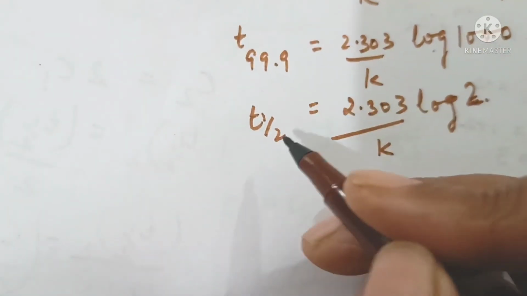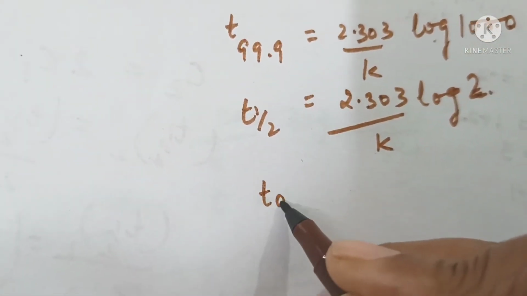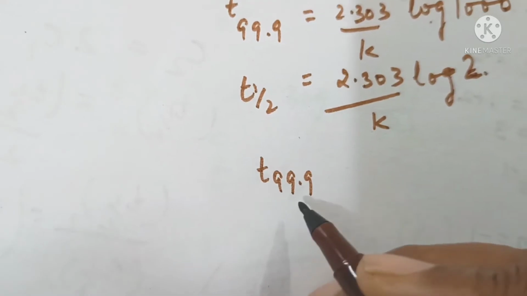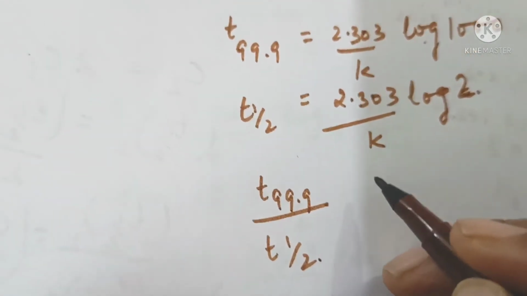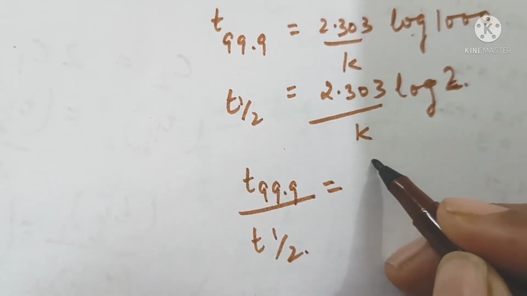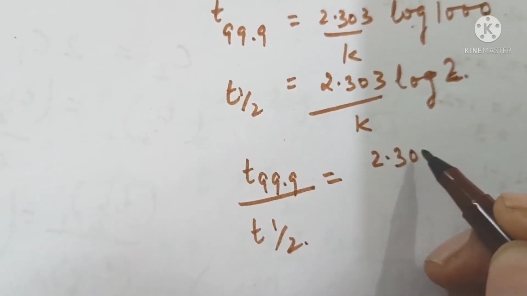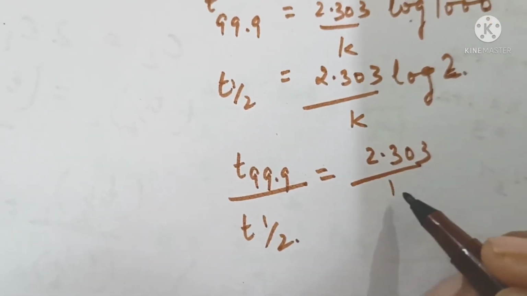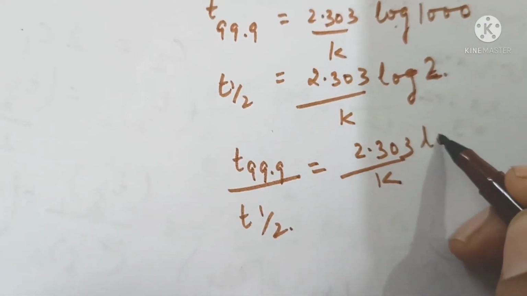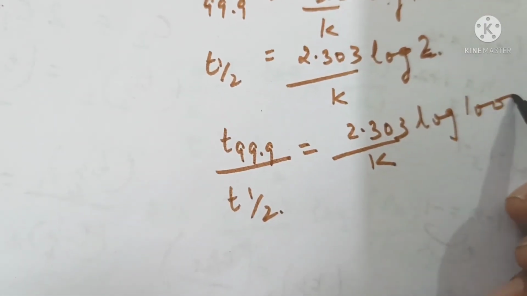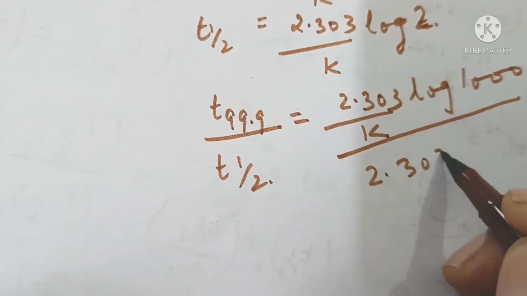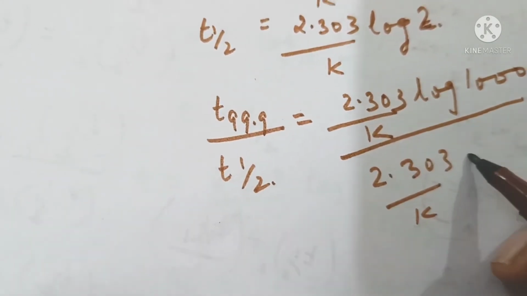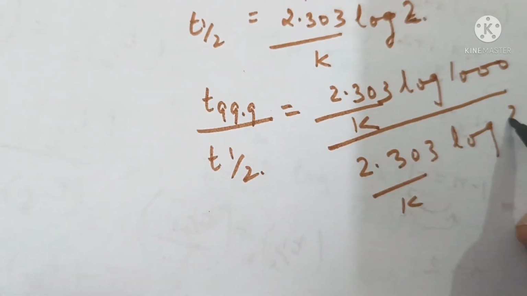So dividing this by this, we get time taken for 99.9% completion upon time taken for half life is equal to 2.303 upon K log 1000 upon 2.303 upon K log 2.